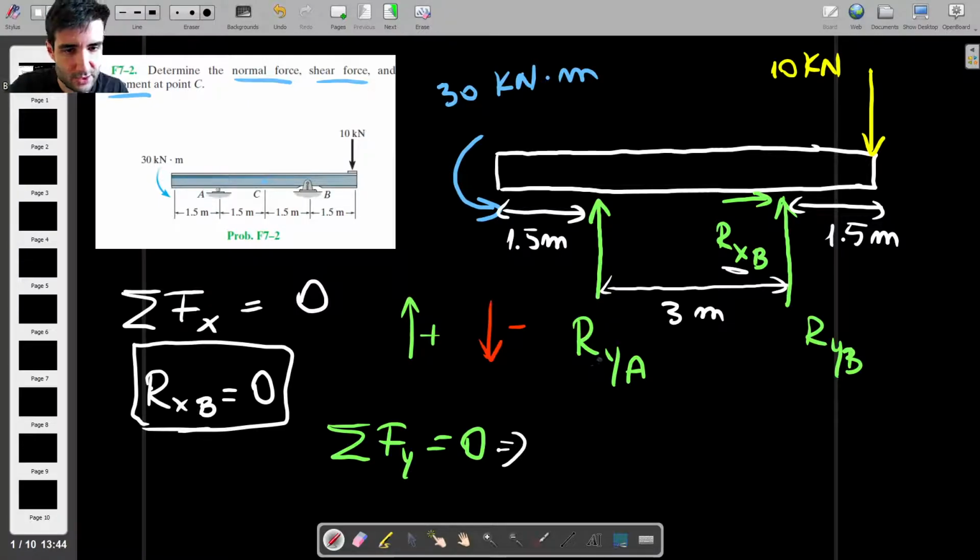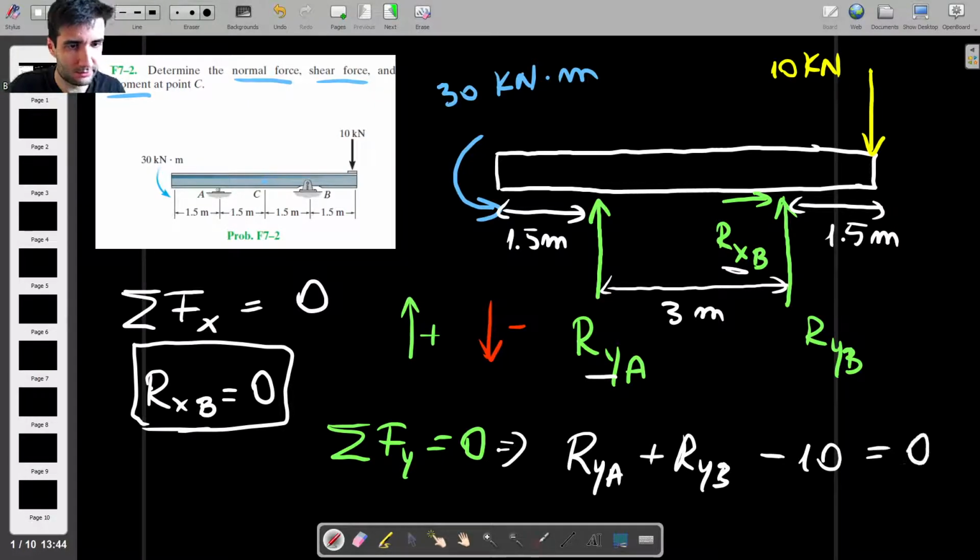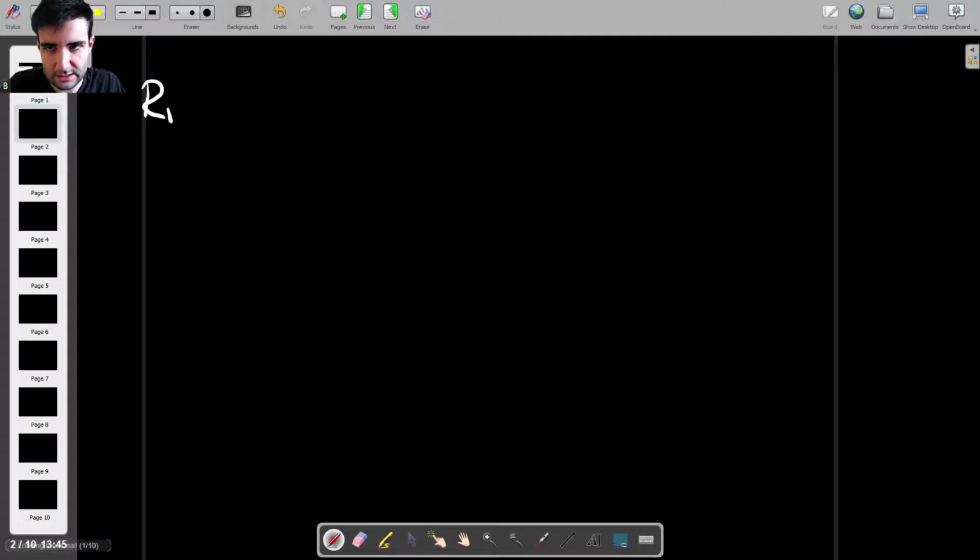We have RYA, which is positive, plus RYB, and then minus 10, and the whole thing equals 0. Those are all the external forces that we have: two reactions, and a 10 kilonewton force that's acting downwards, and that's where the minus sign is coming from. So this gives us that RYA plus RYB equals 10.